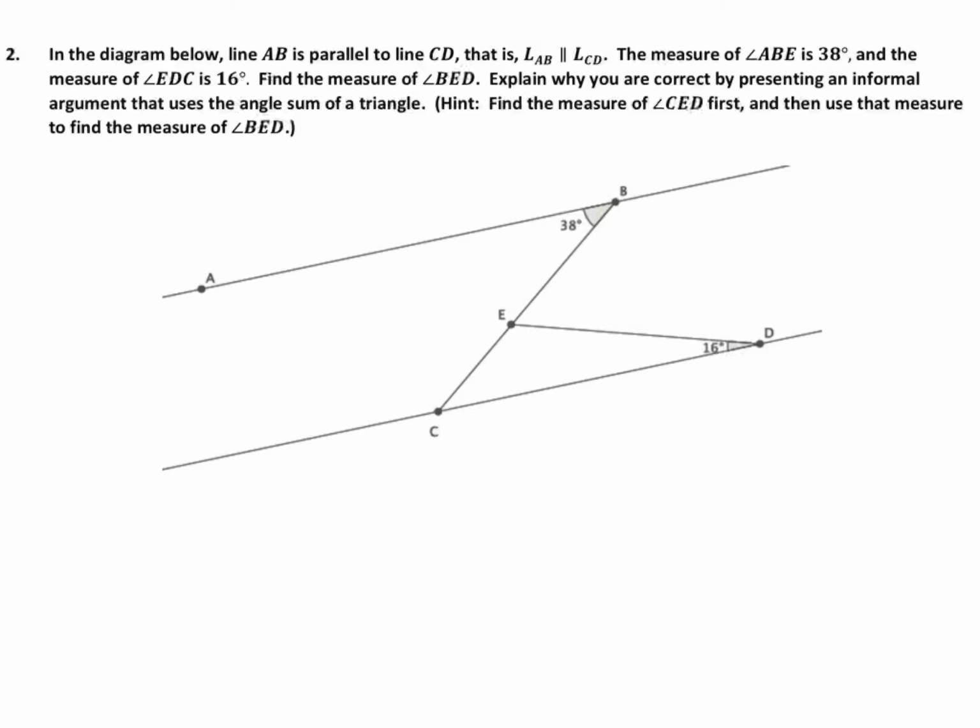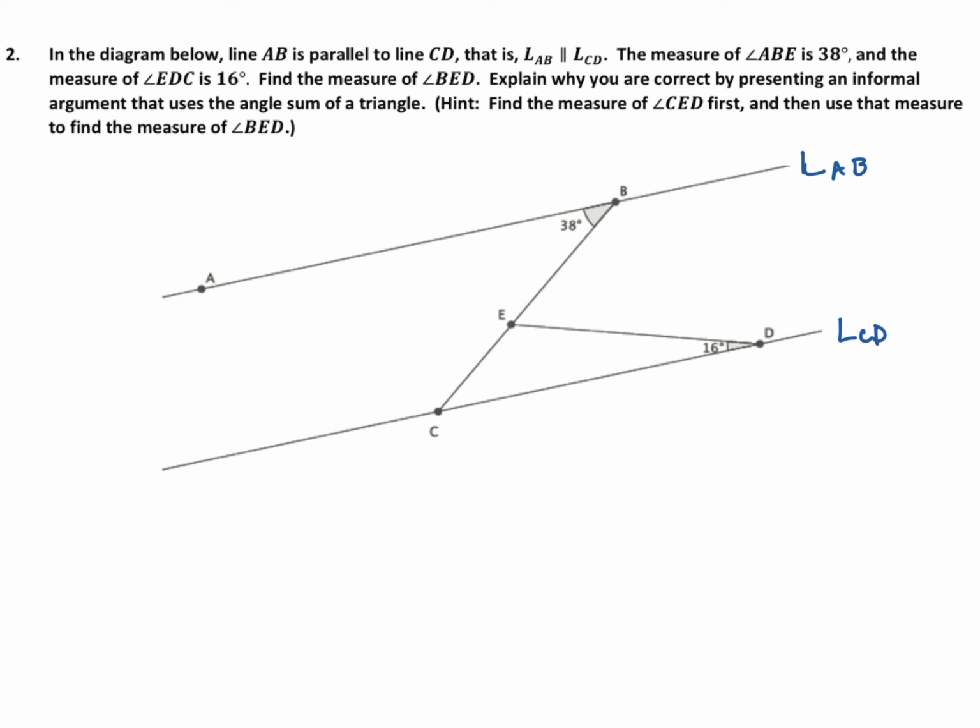In the diagram below, line AB is parallel to CD, meaning you could call this line AB and this one line CD, and those are parallel to each other. So now we know there's going to be some relationships between the angles in there.